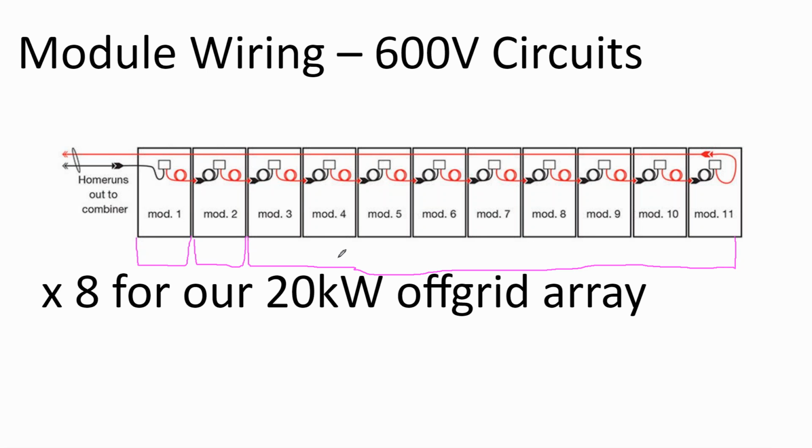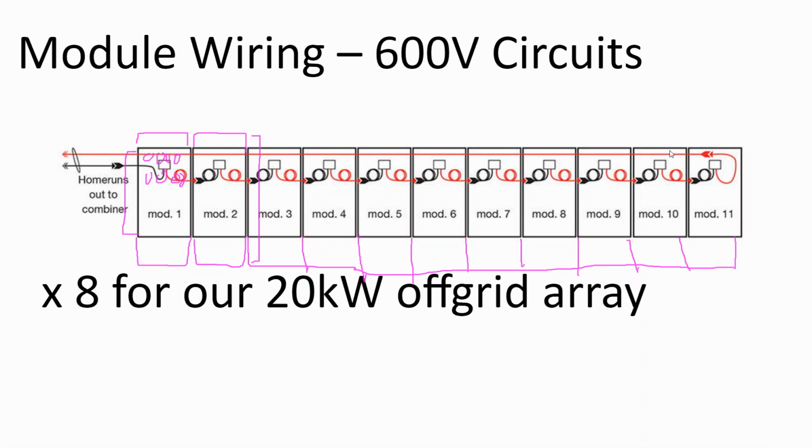We call them 72 cell modules instead of 60 cell modules. That is simply because a 60 cell module is 6 across and 10 down. A 72 cell module is 6 across and 12 down. 6 times 12 is 72.